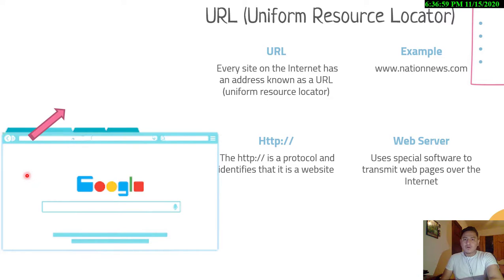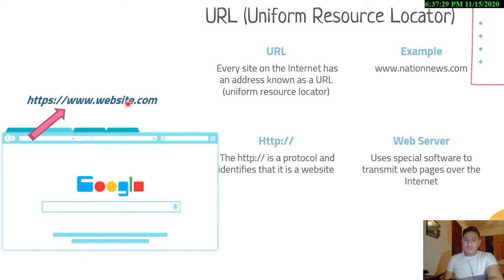Examples of URLs are, for instance, www.nationnews.com or https://www.website.com. Now what is this new thing here, the HTTPS? The HTTPS:// is also a protocol that identifies that what you're accessing is a website.